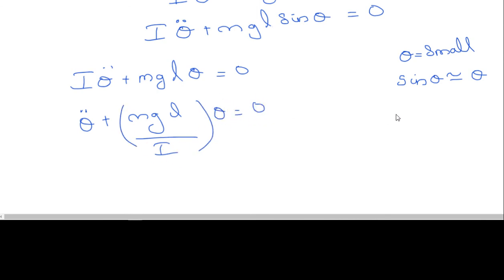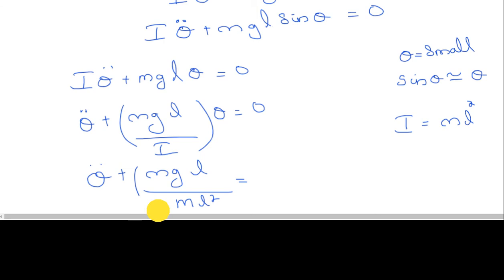We know I is equal to m into l square, the moment of inertia, ml square. If you substitute that, we get theta double dot plus mgl divided by ml square equal to 0.